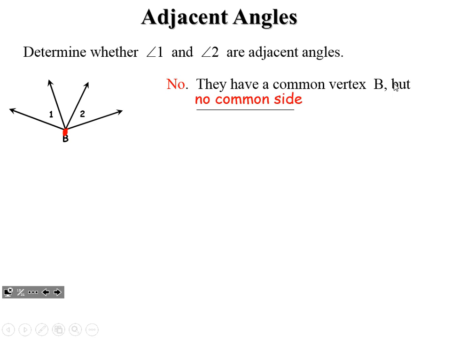All right? So let's look at the next one. 1 and 2. So if we look, their common vertex is G, right here in blue. And then if I draw both of these angles, angle 1 right here, and angle 2 right here, do we notice how I colored that side with the blue, or with the green and the red?